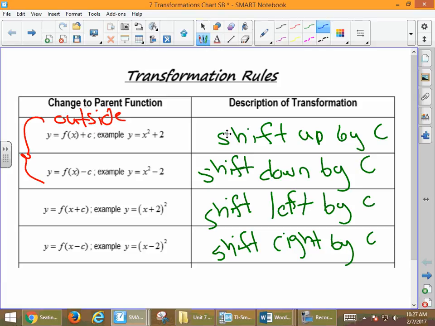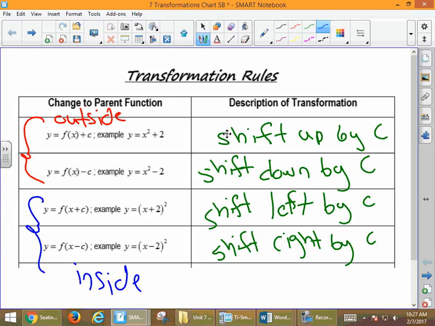And if we look at our left and right, this is happening on the inside of our function. So it's inside our f of x, or it's inside our square. And so if it's happening on the inside of a function, then we're shifting left and right. But if it's on the outside, it's up and down.